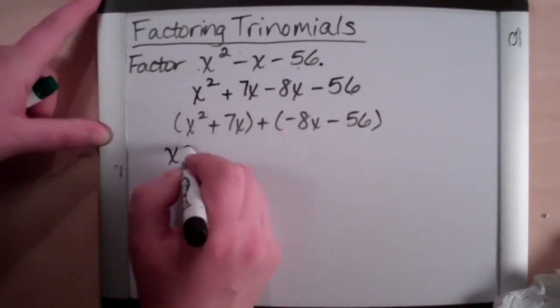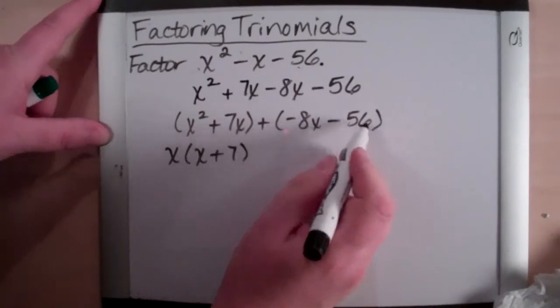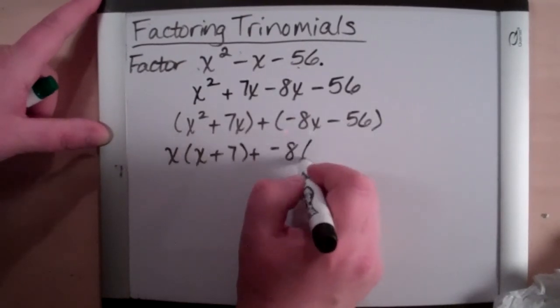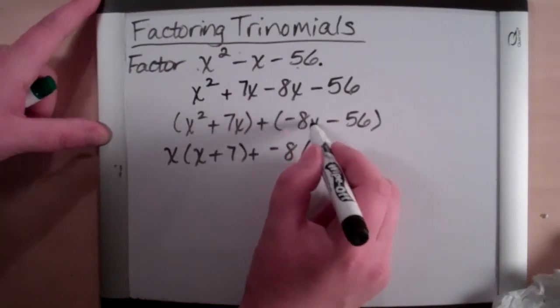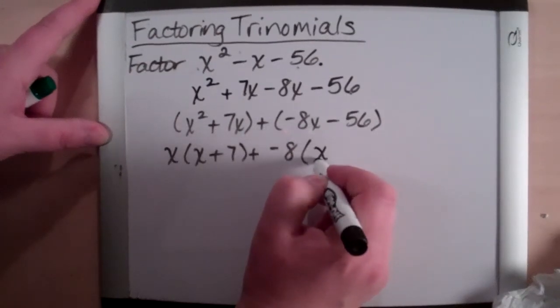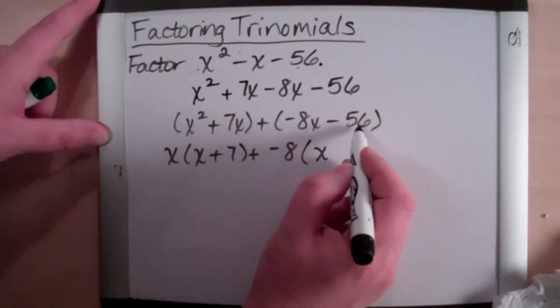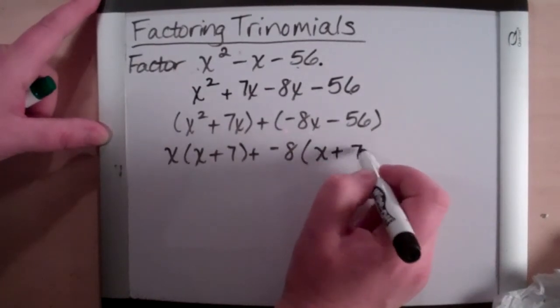I can pull out an x, and I'll have x plus 7. In this set, I'm adding negative 8. I'm going to pull out the negative 8. So when I do that, I take this negative 8x and divide it by negative 8. I'm left with just x. If I take negative 56 and divide it by negative 8, I'm left with a positive 7.